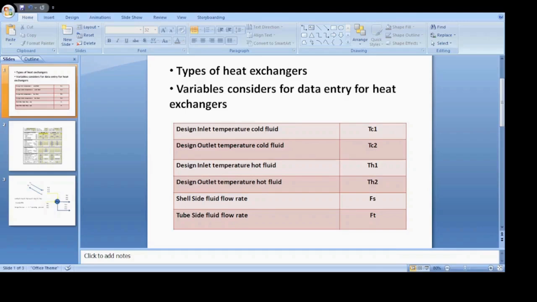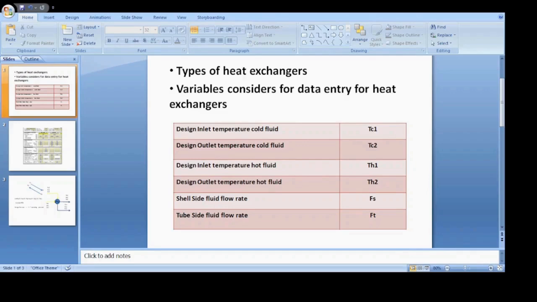The design parameters are also required while doing the simulation. The design parameters such as the type of LMTD, then whether it is the ASME type or BSE type, we have to first find it out. Then the length of the tube, then length of the shell, which will decide the total area of the heat exchanger.